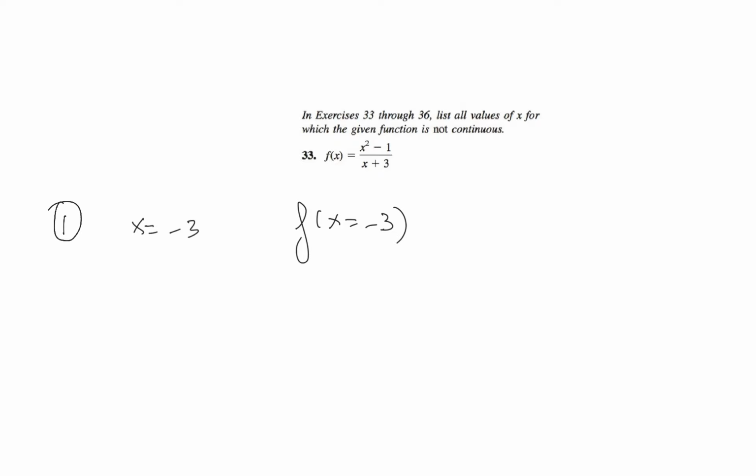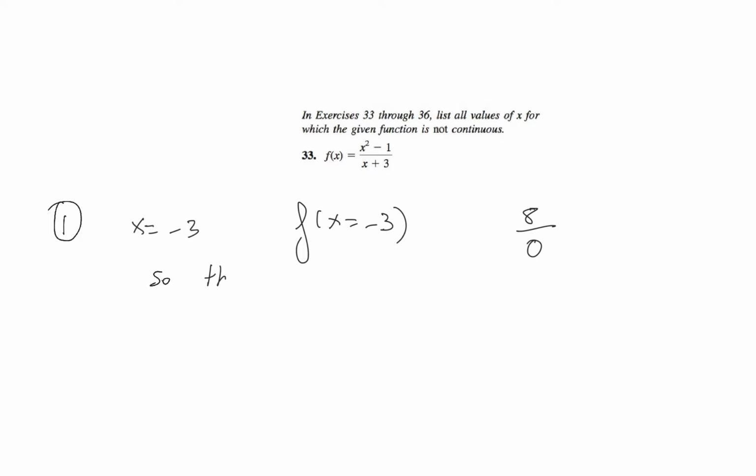So the first condition is that f of x exists at the point. But in this case, f of minus 3 is 9 minus 1, 8, divided by 0, and division by 0 is not allowed. This doesn't exist. So this function is not continuous at x equal minus 3.